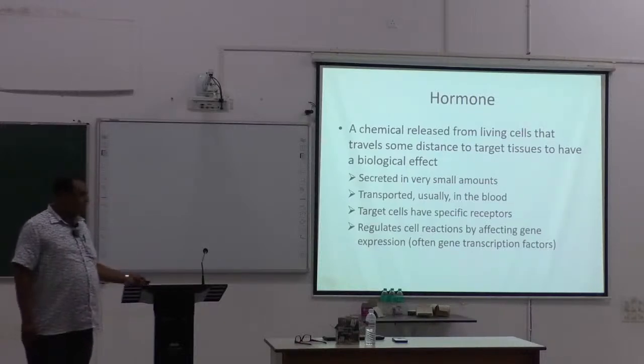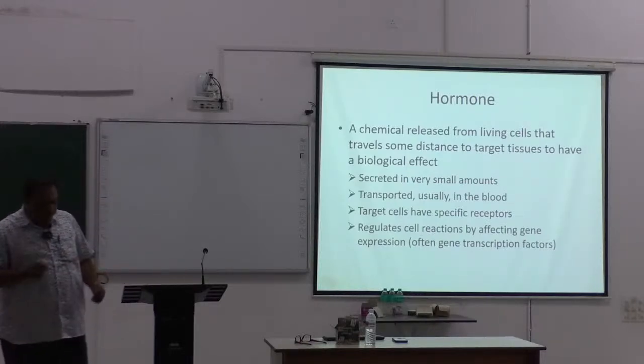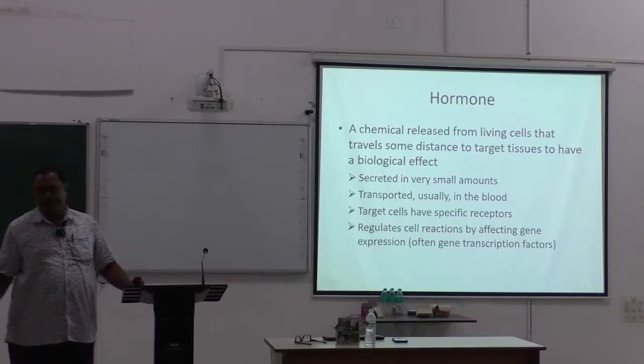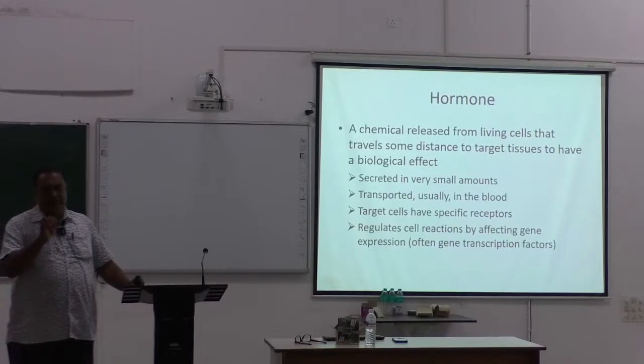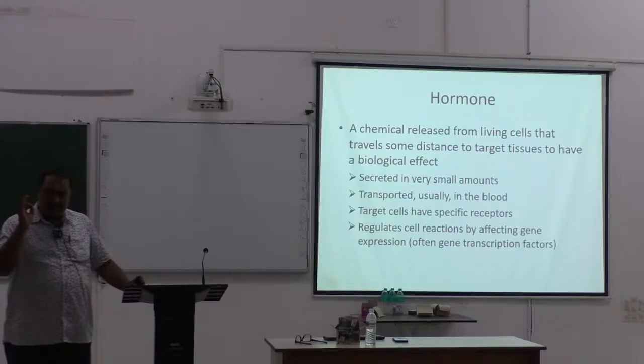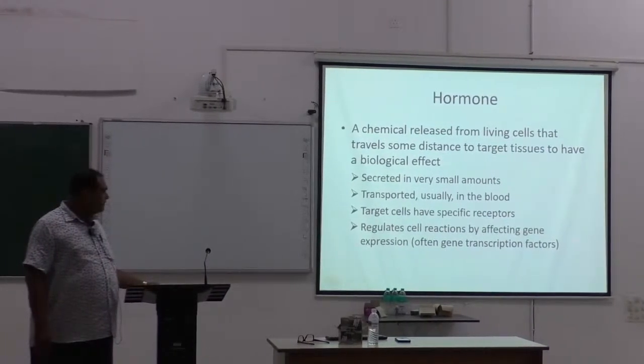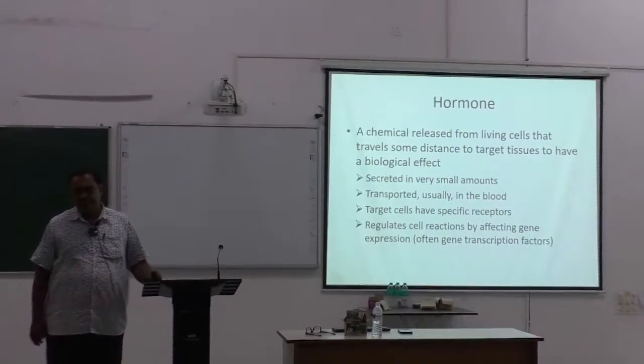Target cells have specific receptors. Hormones do not act on all cells equally. They are destined to show biochemical functions only in targeted cells. They regulate cell reaction by affecting gene expression, often gene transcription factors.